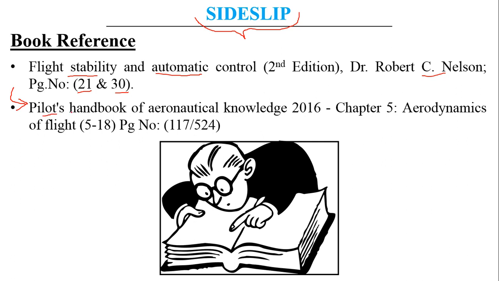Here, the Pilot's Handbook of Aeronautical Knowledge, the 2016 edition. Chapter 5 deals with the aerodynamics of flight, and the particular section is 5 to 18, and the page numbers which deal with these are 117, 524.